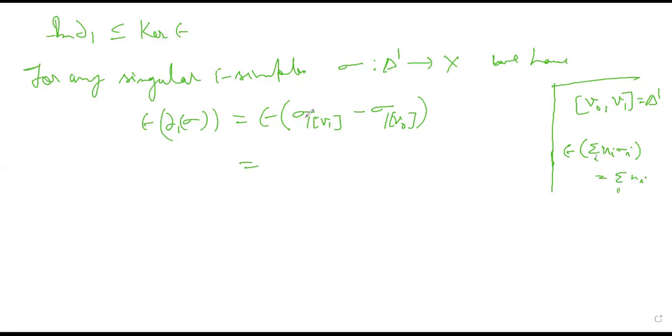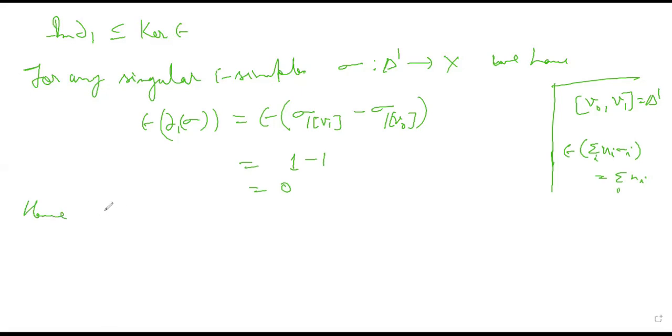So this is this minus this, right? Epsilon applied over this minus this. What is its coefficient? It is 1, right? What is its coefficient? It is minus 1. So we have just 0. Okay. So this is for one singular one simplex.